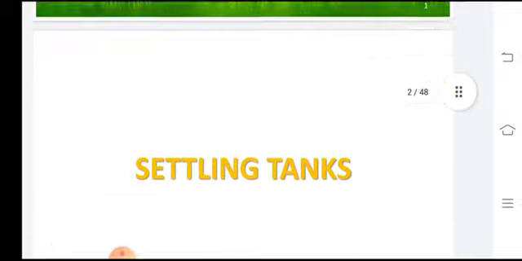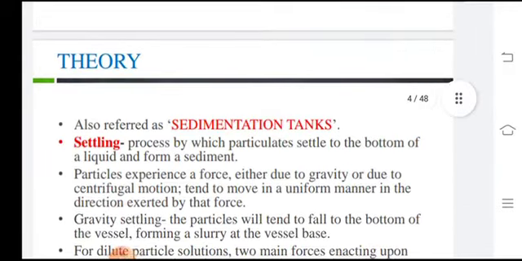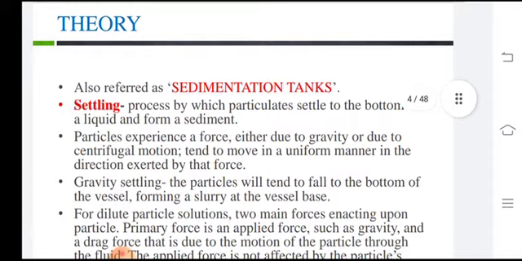So starting with the settling tanks, we will just be revising the theories, then operation and then design. We have already talked about it in the previous lecture. Today we will not be going into the details of these topics.